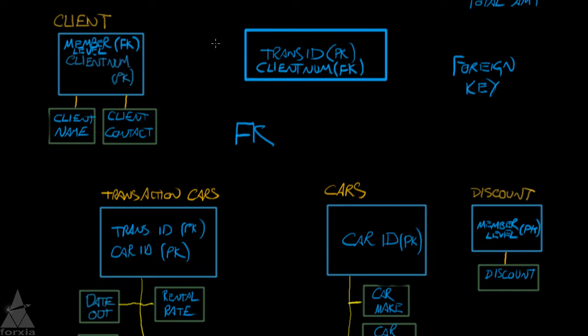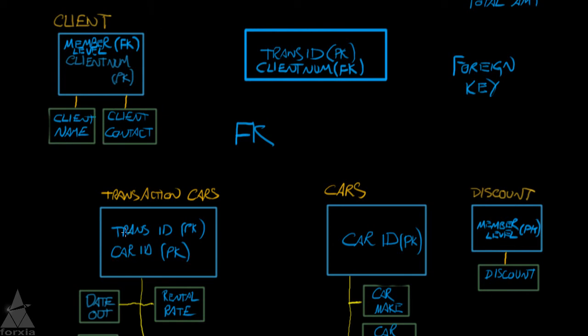So if we were to take an analogy of these entities being bolted to the side of the mountain, the key one that gets bolted to the side of the mountain is this booking transaction. Is client connected to the side of the mountain, or is it going to fall down because of gravity? Well, let's take a look. Client number here is pointing over to client number in the client table, and then these attributes are connected. So we're okay for client. What about transaction cars?